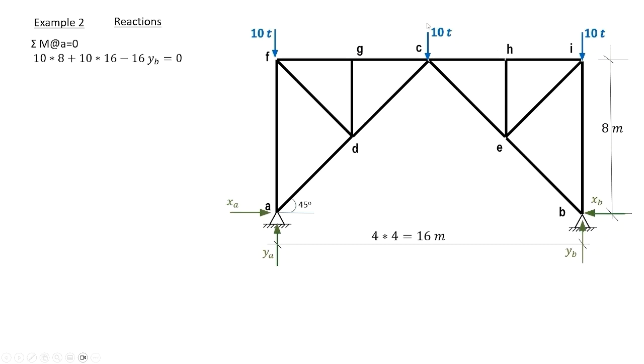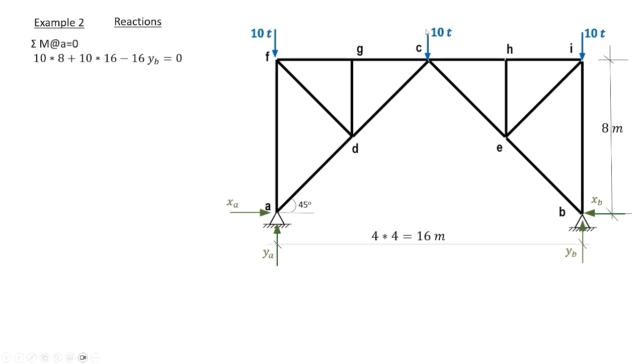We are left with 10 tons at C multiplied by the arm 8, and note that the 10 tons rotates clockwise about A. So any other force that makes a moment rotating in the same sense clockwise will be considered positive, and any other force rotating in an opposite sense counterclockwise about A will be considered negative.